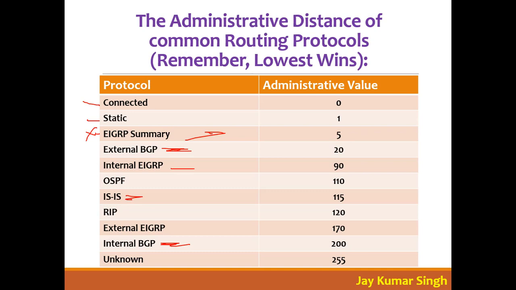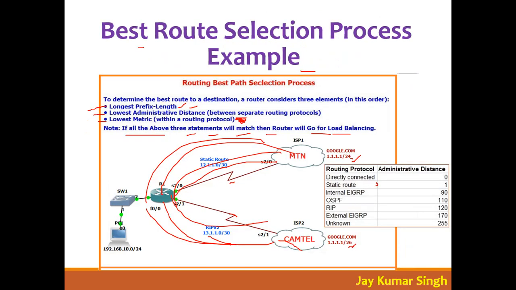EIGRP has two administrative distances, one is 90 and one is 170. For the normal test you have to understand connected, static, EIGRP, OSPF, RIP. That's it, like what is in this list.